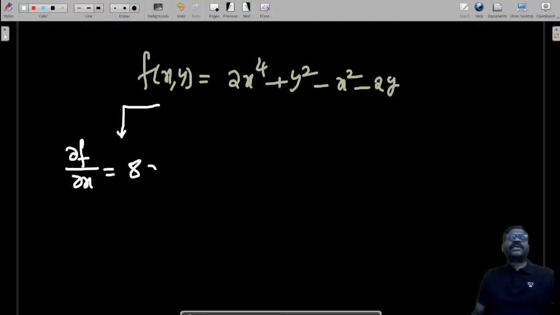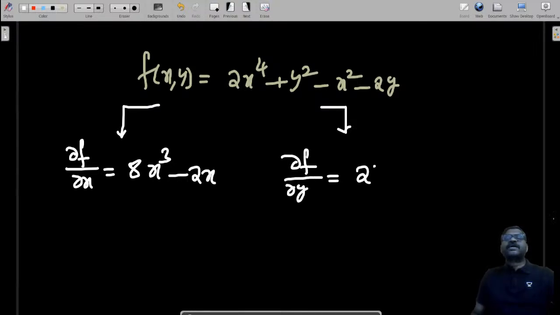Del f by del x is 8x cube minus 2x. Del f by del y is 2y minus 2.